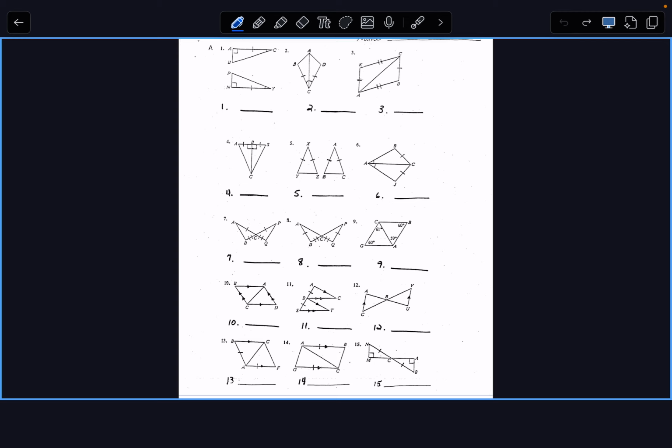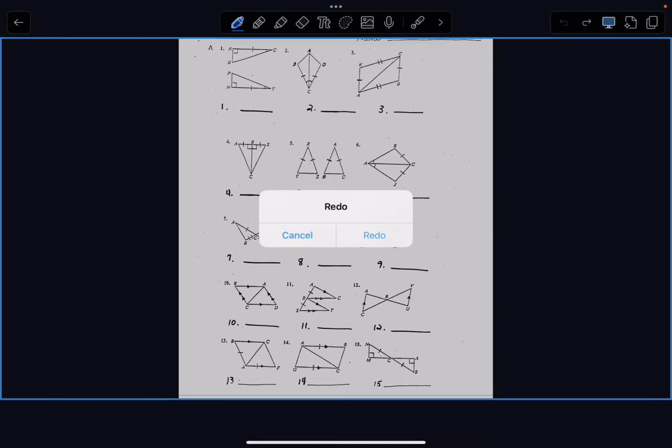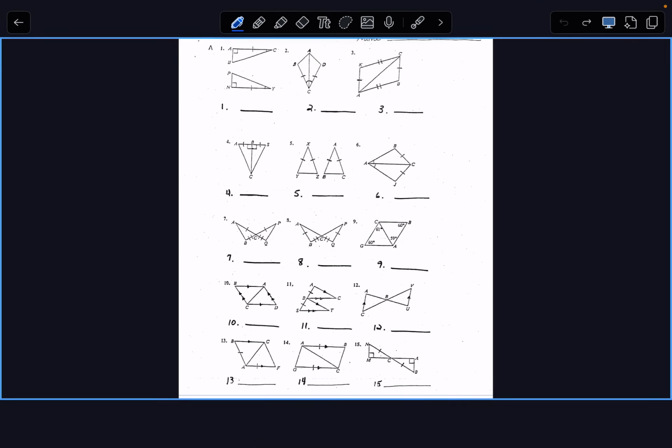Number 1 is not hypotenuse leg, because the hypotenuses aren't even congruent, people. Basically, the hypotenuse has to be congruent. So let's have 6.